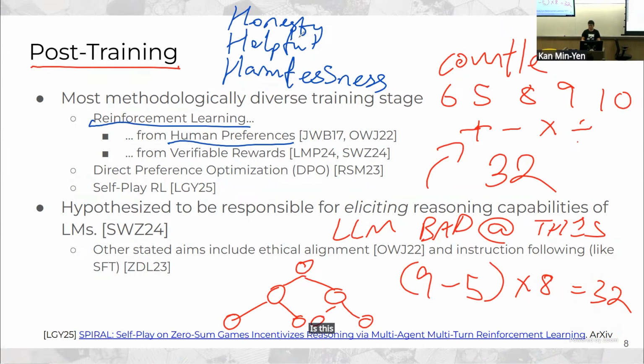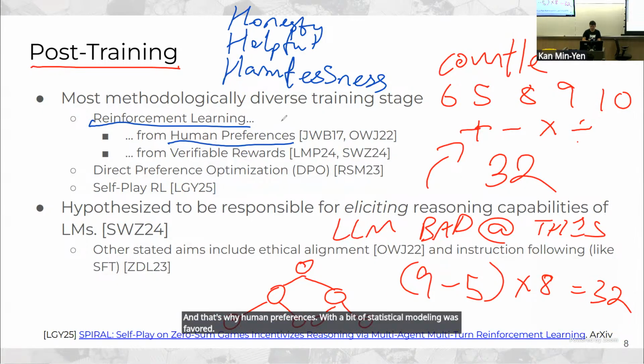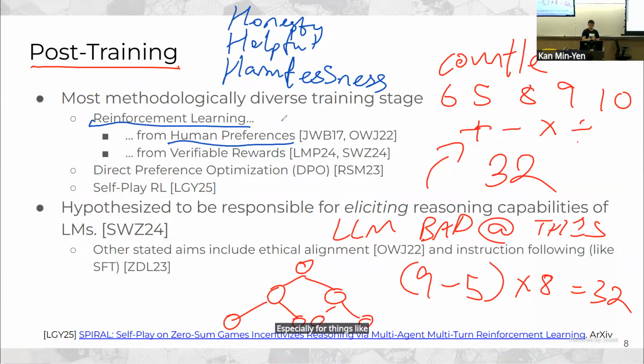Is this helpful? Is this harmless? So the burden changes from writing to simply asking questions. So it's a lot more scalable. And that's why human preferences with a bit of statistical modeling was favored, especially for things like response quality, response clarity, and of course, the alignment that I talked about just now.